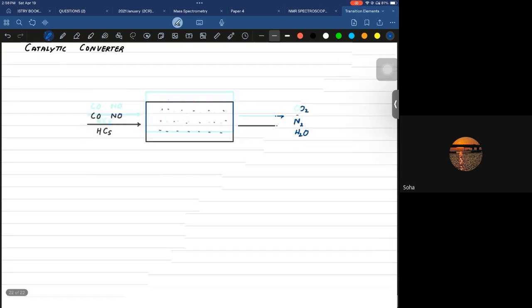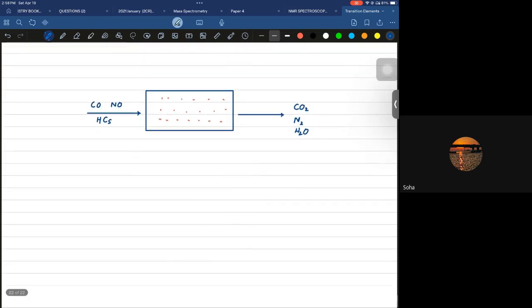Let me tell you the type of reaction that the catalytic converter would give you. Number one, carbon monoxide would react with nitrogen monoxide. It would give you carbon dioxide and nitrogen gas. It's a balanced reaction.